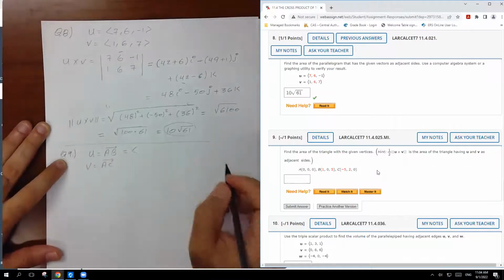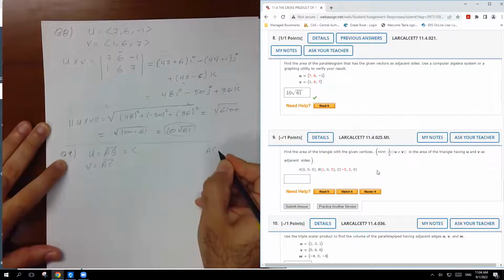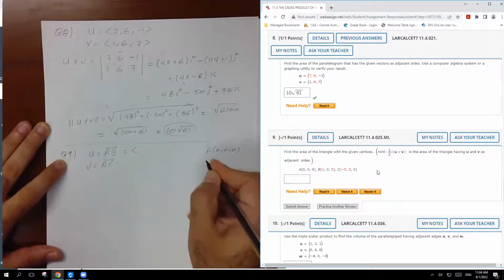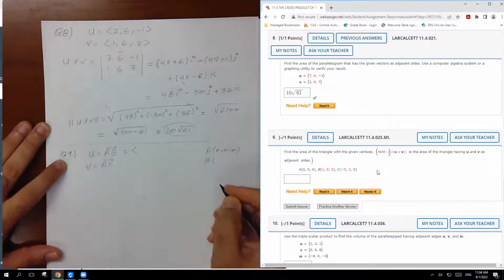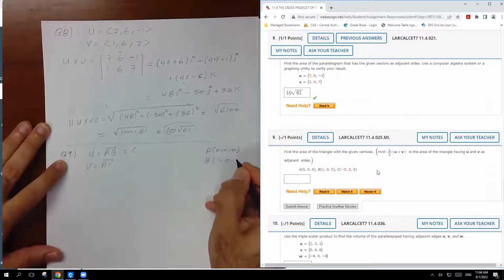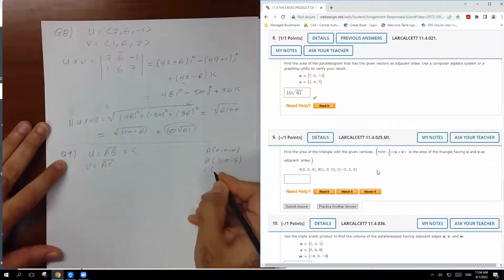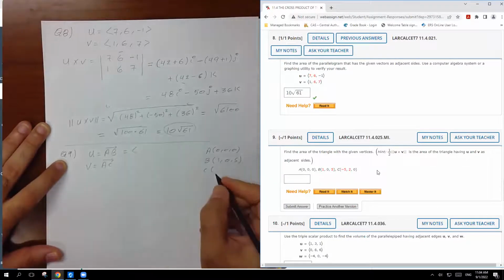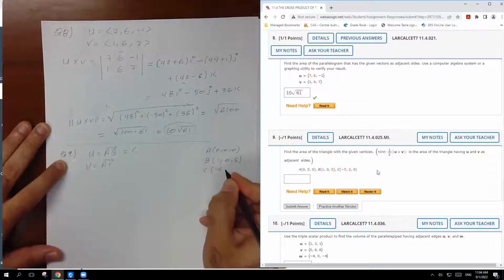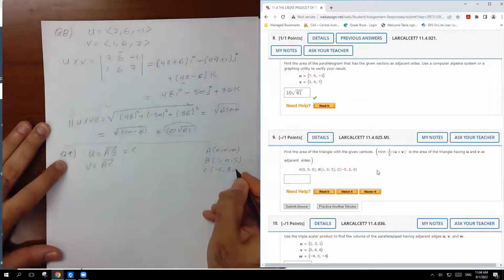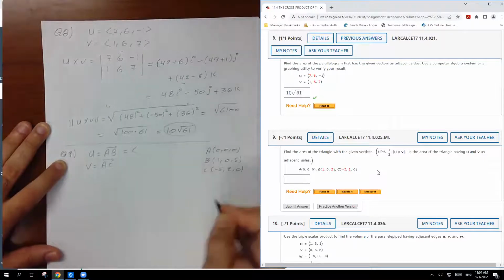A is 0, 0, and 0. B is 1, 0, 5. And C is -5, 2, and 0. So that's fine.